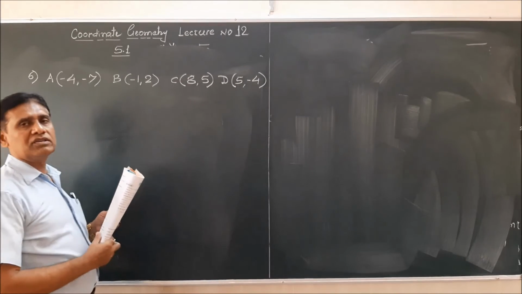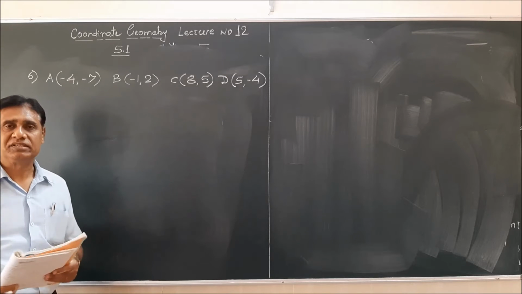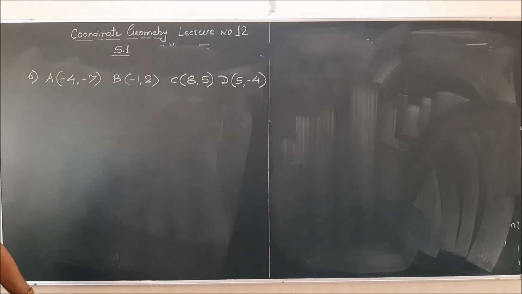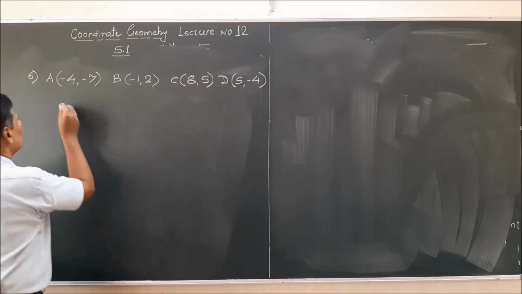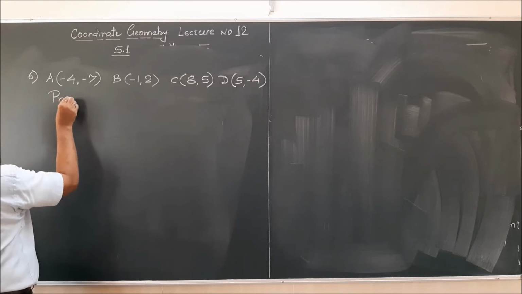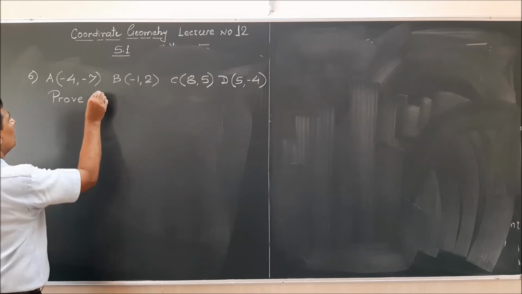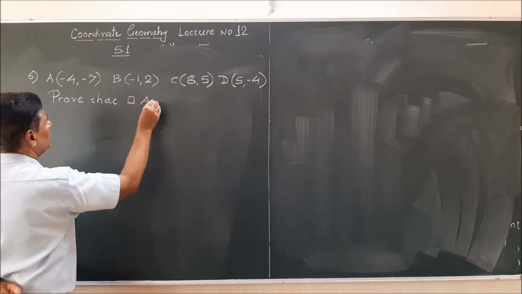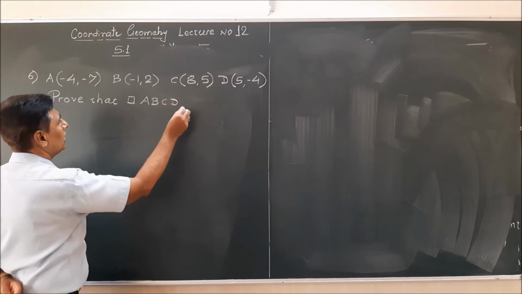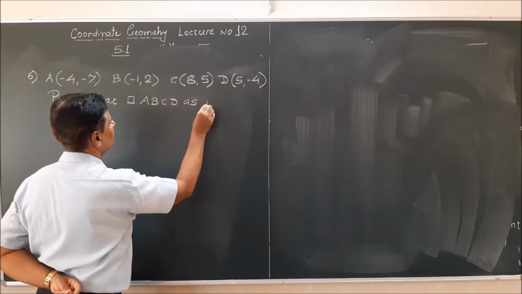These are the coordinates of quadrilateral ABCD, and we have to prove quadrilateral ABCD is a rhombus.